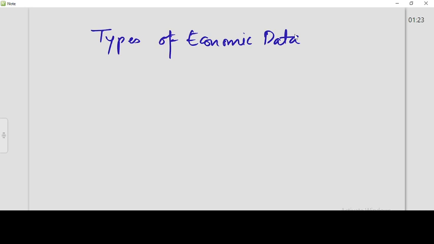In the previous class we had talked about how economic data is really important for our empirical analysis, or how economic data forms the base for econometrics to help us analyze various economic theories and test their relevance. So we'll talk about the types of data that exist and the classification of that data. Okay, so let's start.